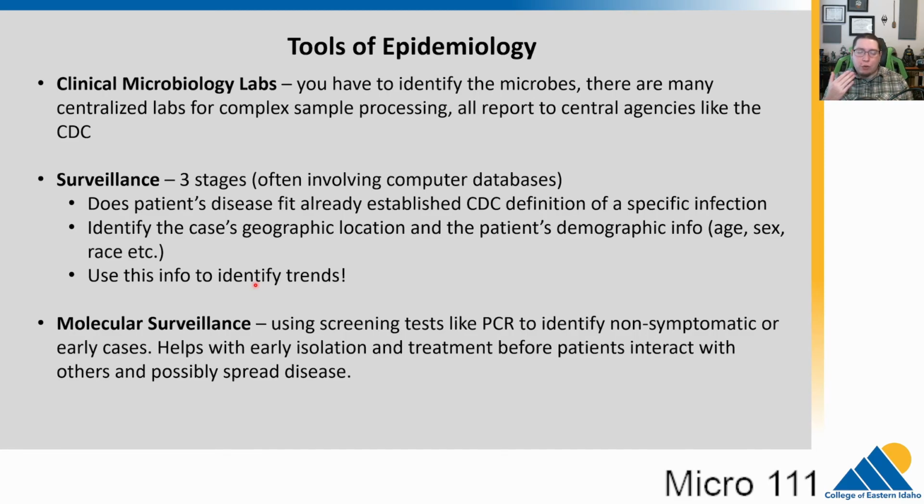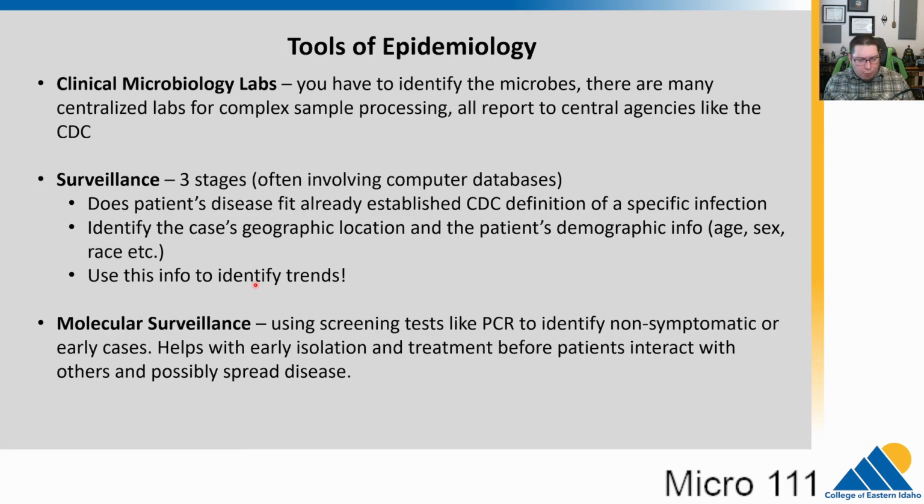Someone comes in and we hear that whoop and we test it. So does their disease fit into what we know as whooping cough? Yes or no? We then try to identify the case's geographical location and get any information on the patient's demography, info on age, sex, race, income, things like this, where they go to school or things like that.